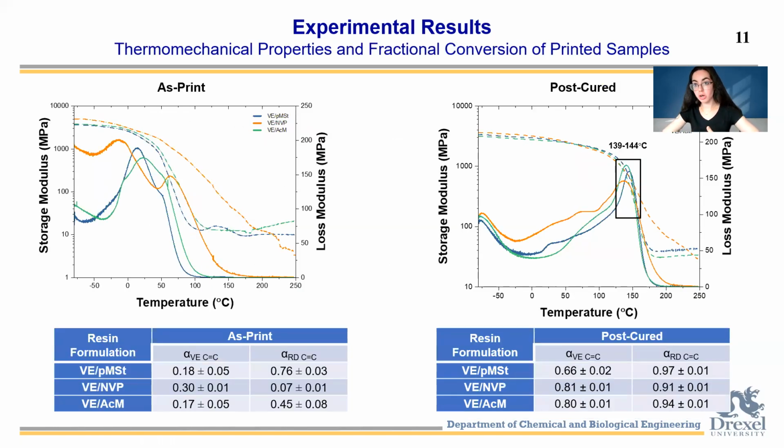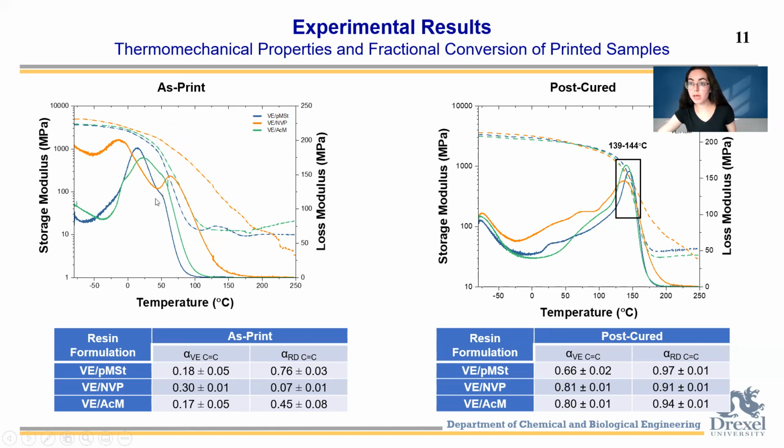So first, we can look at thermal properties. I ran some dynamic mechanical analysis, or DMA, experiments, and I show as-printed as well as post-cured samples that I've run on those. And I provide the fractional conversion for all of these sets of samples as well.